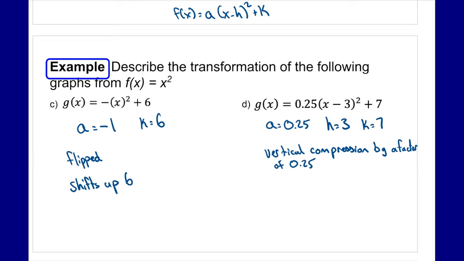Our H value of 3 tells us it shifts right 3. And our K value of 7 tells us it shifts up 7. So those are the transformations for this quadratic.